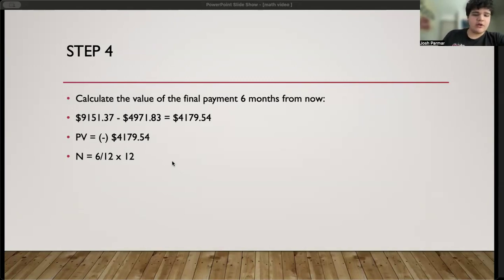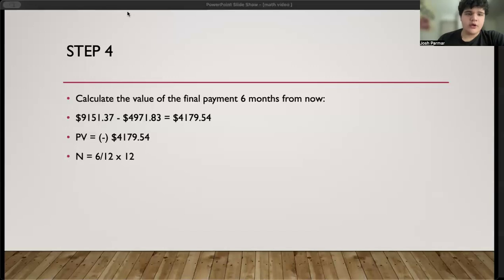So we're going to start with n again. n always, because it is the first thing you should put in. So 6 divided by 12 gives us that, and then we multiply that by 12, and that gives us 6. So 6 for n.